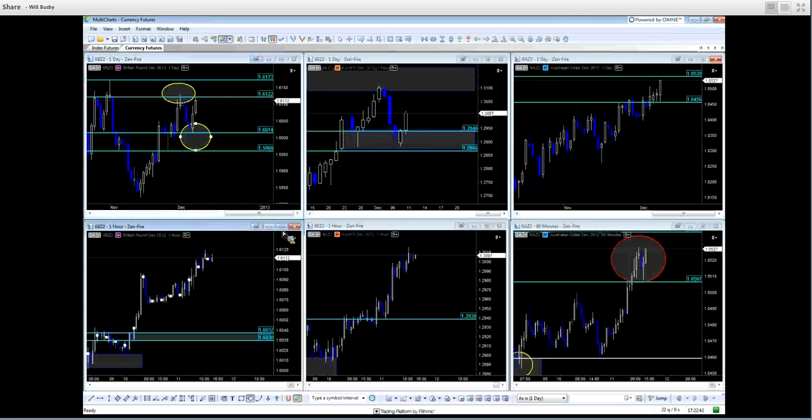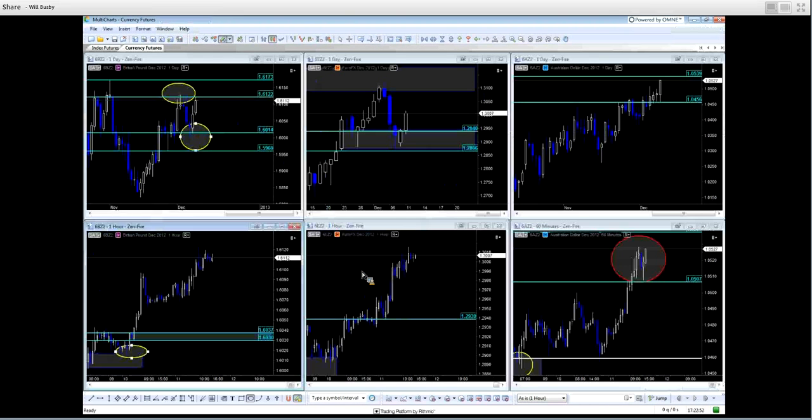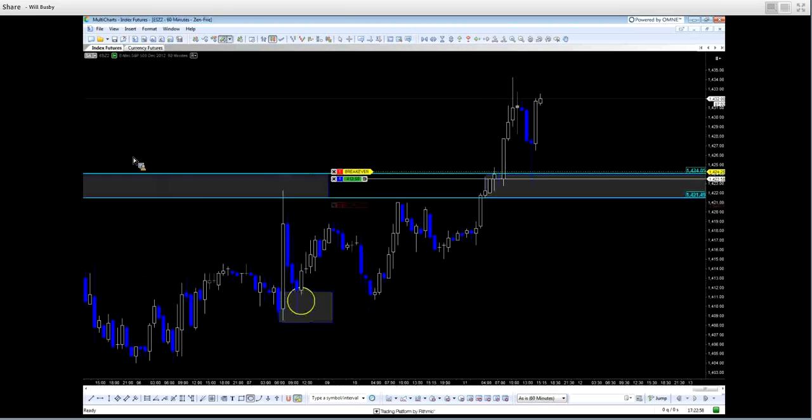For example, right now we have a level drawn in right here. This is in advance. We haven't revisited that yet. However, this level we did, a great buying opportunity. So I would tell you, try not to force it. Try to be very patient. Choose a time frame and stick with it.